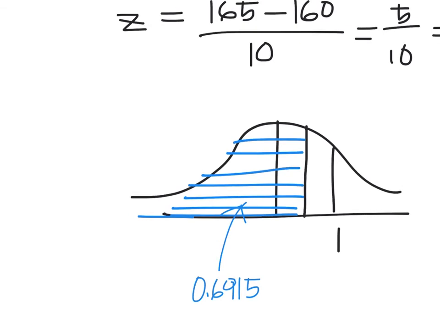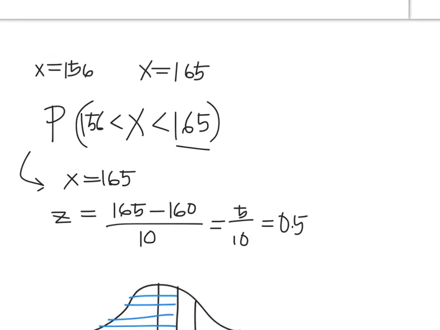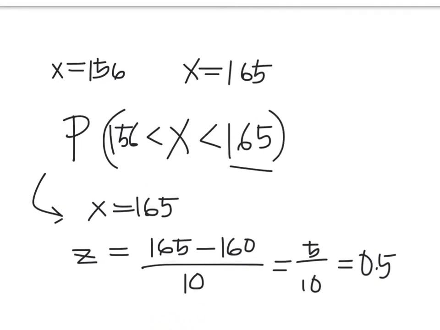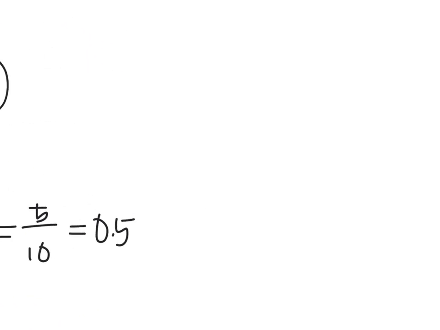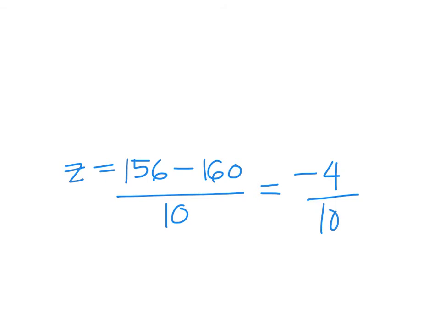Okay, now we have to consider the other x value, 156. That means we have to find the z when x is 156, then minus 160 divided by the standard deviation equal to 10. 156 minus 160 is negative 4, divided by 10, and this is negative 0.4.